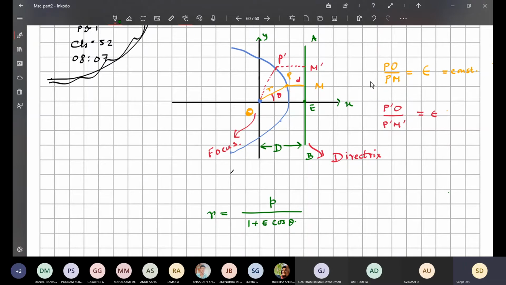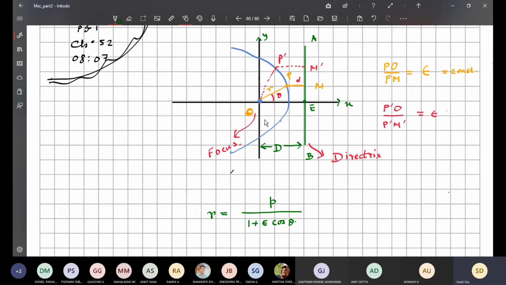But in general, it can be a part of 3 or 4 categories of the conic section. This trajectory can be a part of a parabola, a hyperbola, an ellipse, or a circle, a very special case of the ellipse itself.